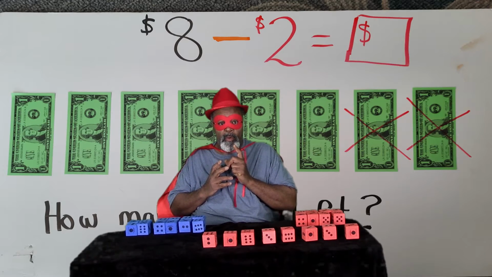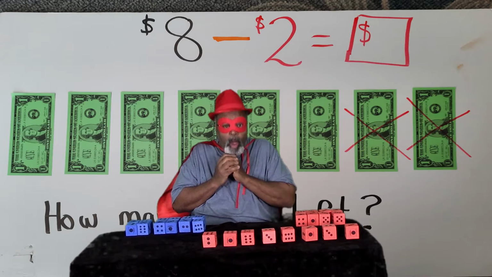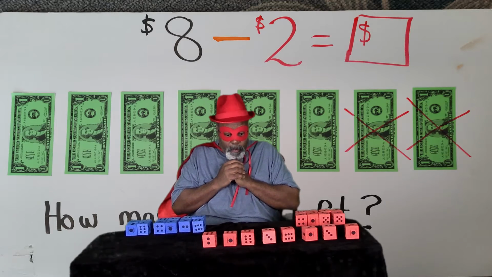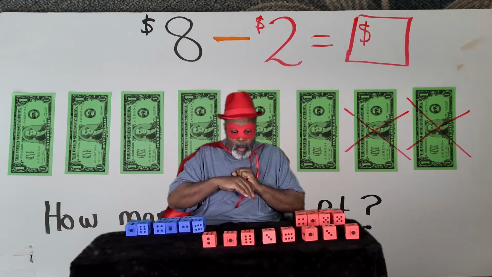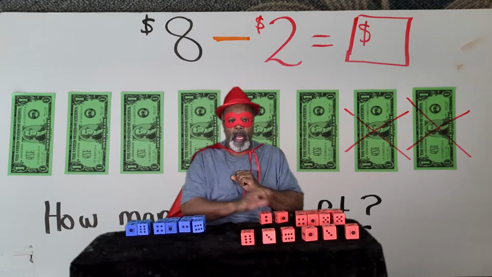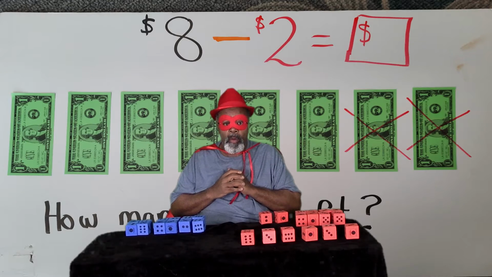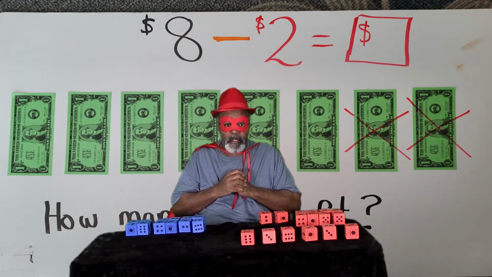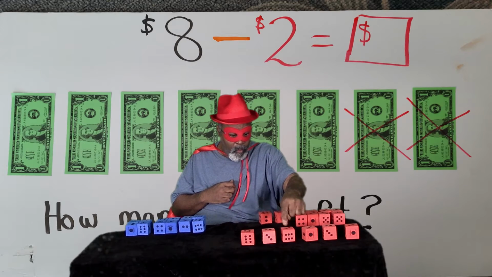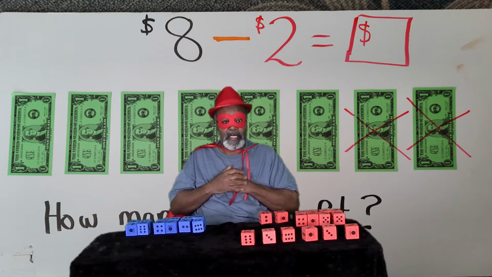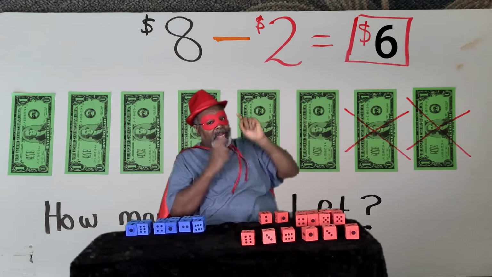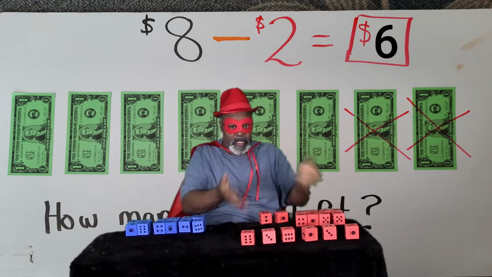Now, when we subtract, that means we're going to have lower than what we have already. So we're going to make 2 of these disappear. They're gone. Now, how many do we have left? 1, 2, 3, 4, 5, 6. So now we know that 8 minus 2 is 6.